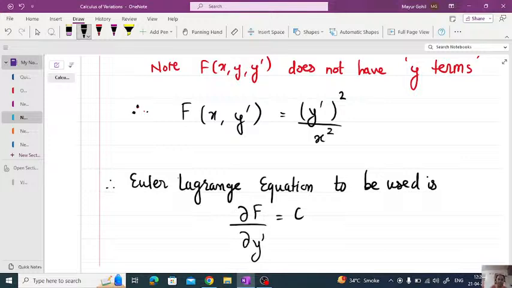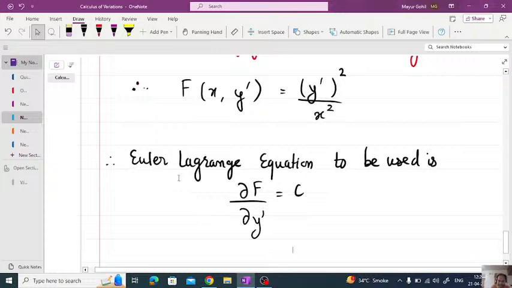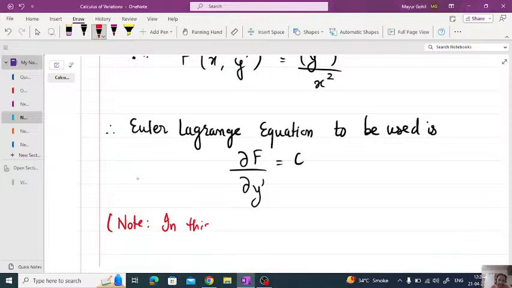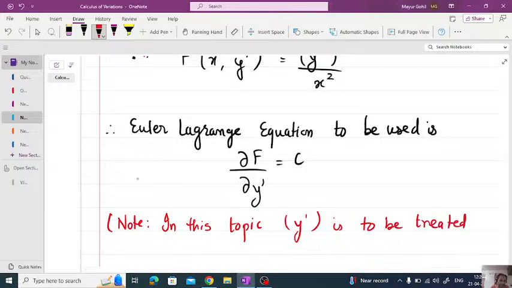Okay, so listen here, y dash means derivative of y. But note one more thing. In this topic, y dash is to be treated as a variable.